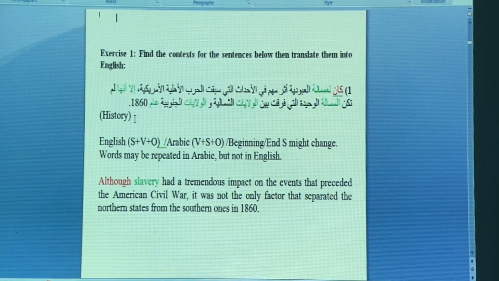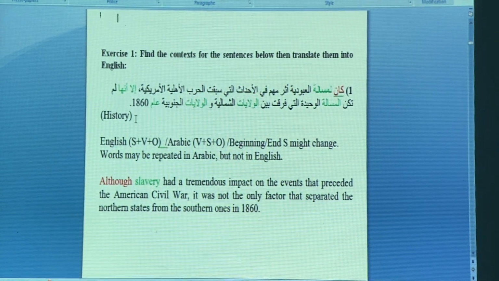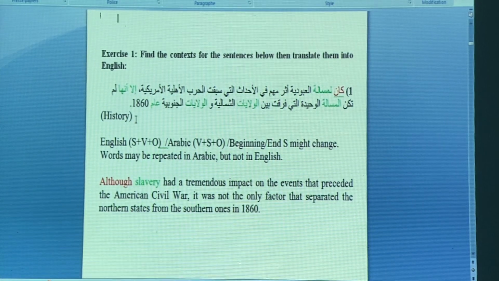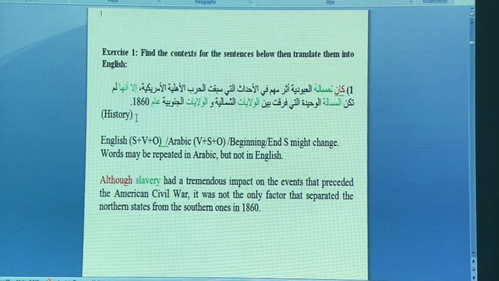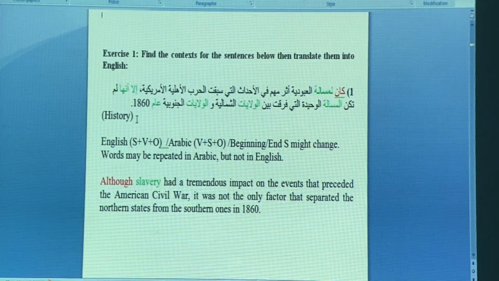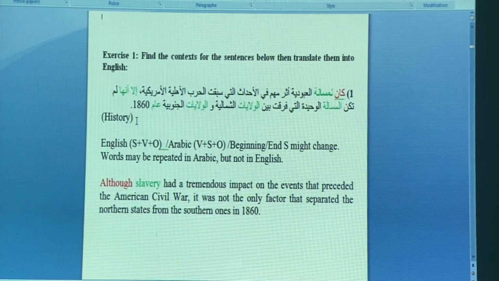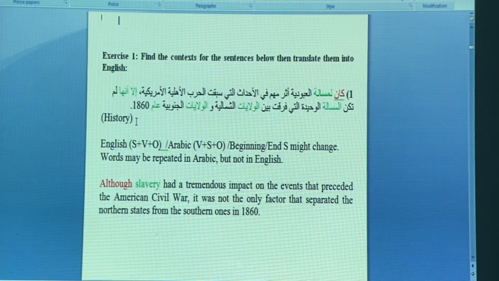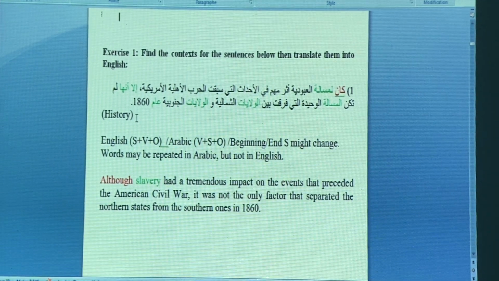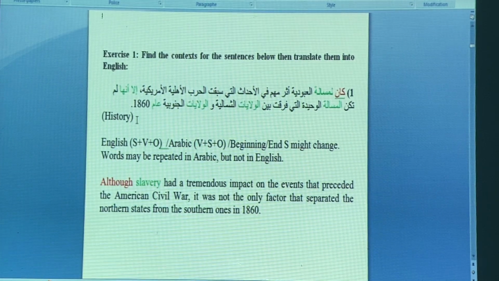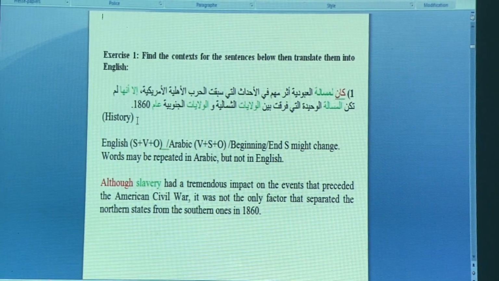Now, if you look again, you will notice that مسألة has disappeared. Because you can say slavery issue, or you can just say slavery. And also, we must not say in English the northern states from the southern states. It will be a repetition. So you say the northern states from the southern ones.